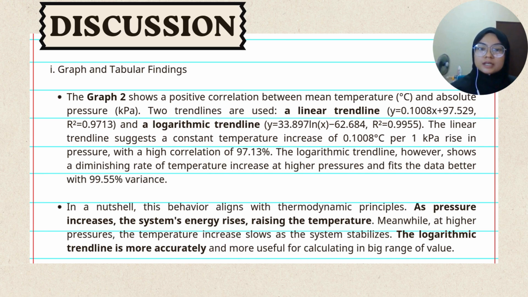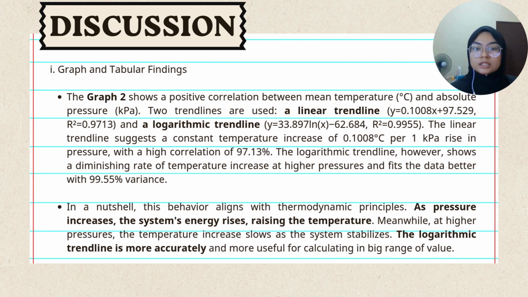Two trend lines were applied to the data and the graph, which are a linear trend line and a logarithmic trend line, with the equations shown in the slide respectively. The linear trend line suggests a constant temperature increase, where the temperature rises by approximately 0.1008 degrees Celsius for every 1 kPa increase in the pressure.